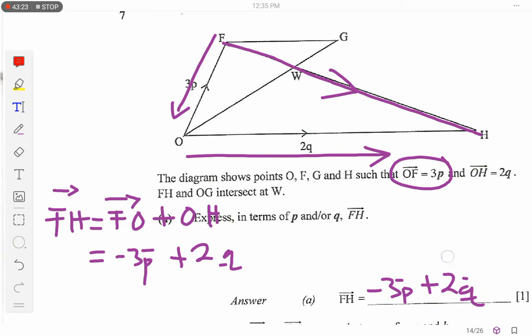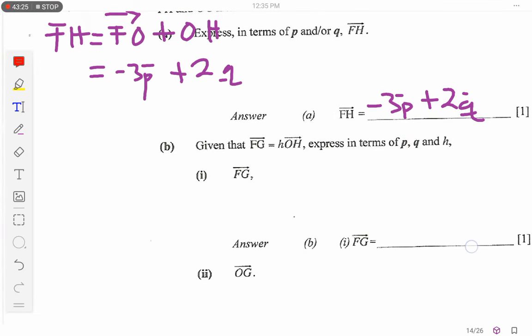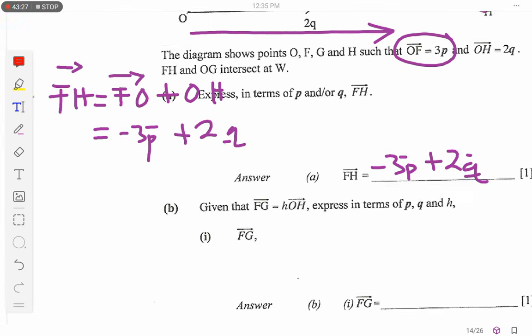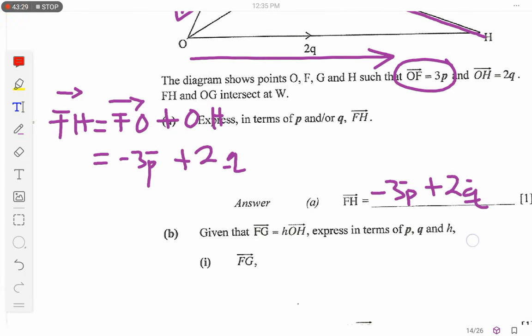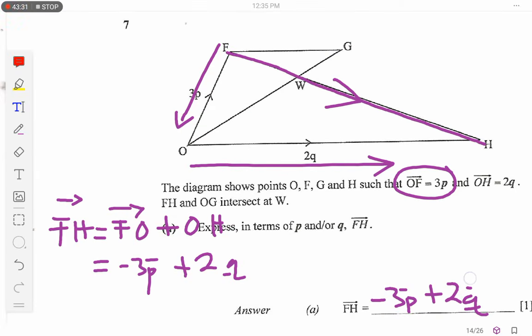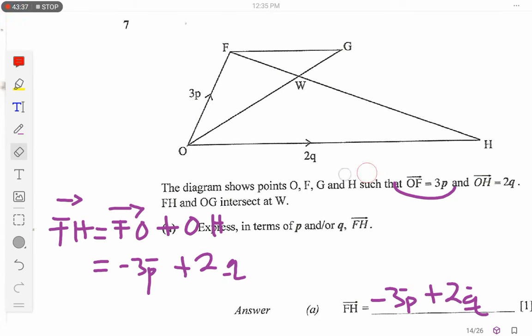Okay, let's move on. Now they are saying find FG. FG we are given is 3 OH. Let me rub off this so that we can clearly see what we are doing. So this is our FG.